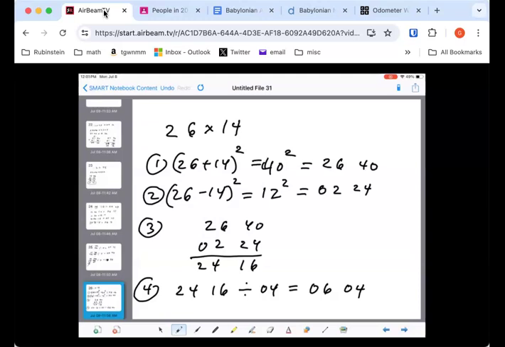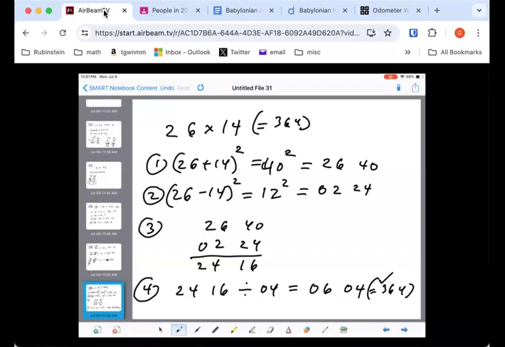And that is 364, which is also what 26 times 14 is. So it worked. Let me just make sure. 26 times 14. Yes, 364. So yes, it worked. I'm going to go like this in the notes. Equals 364. And this also equals 364. So it worked.